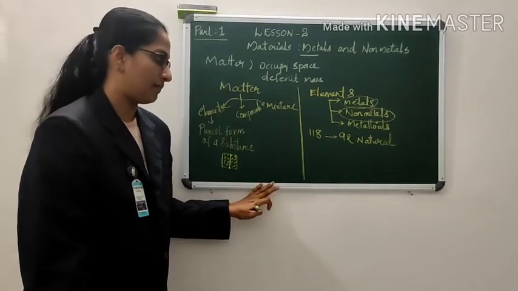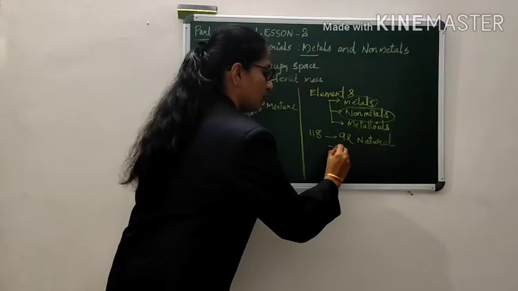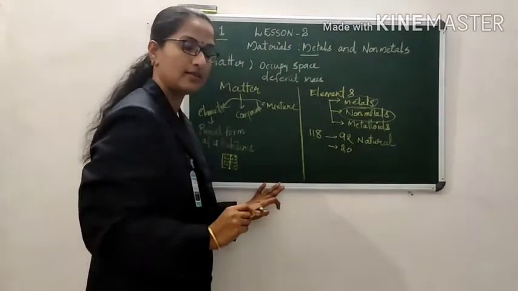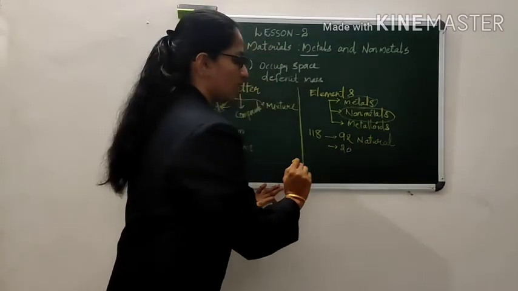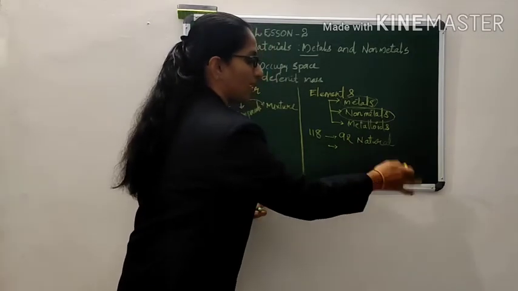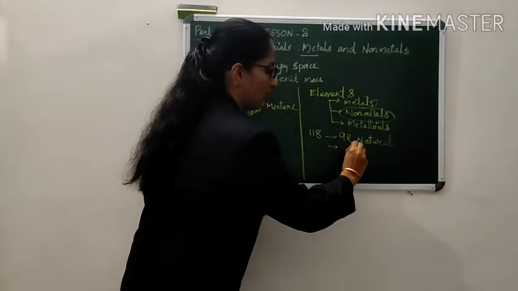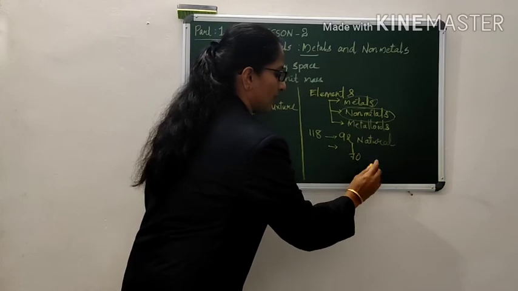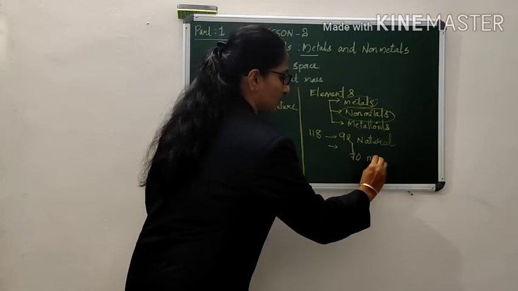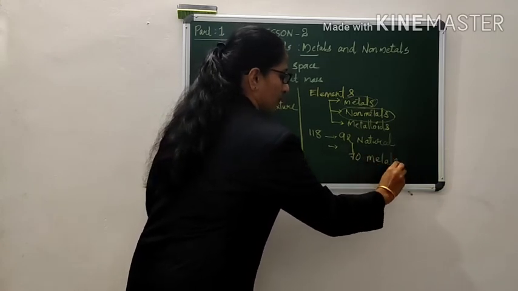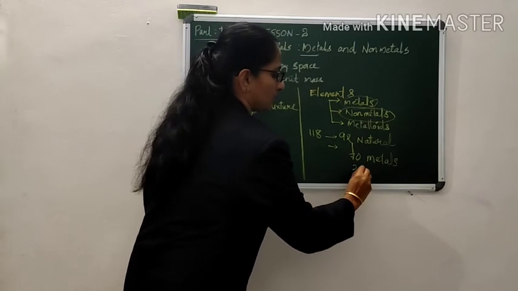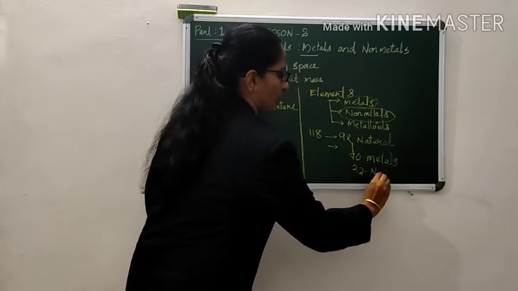Out of 92 natural elements, 70 elements are metals, and nearly 22 elements are non-metals.